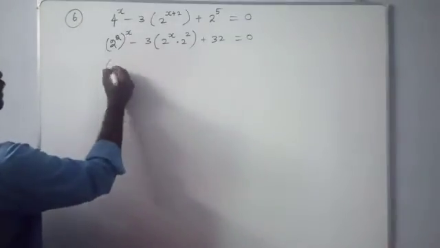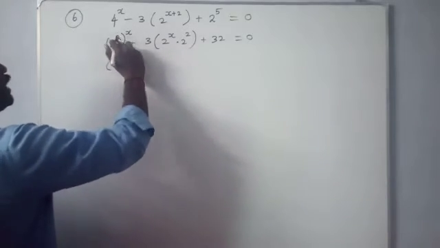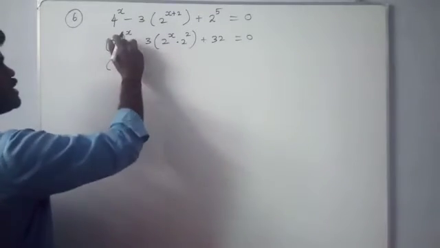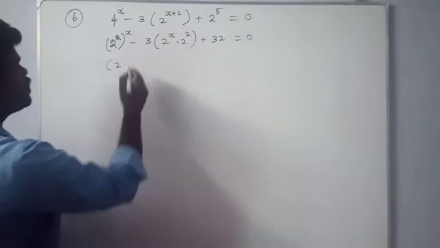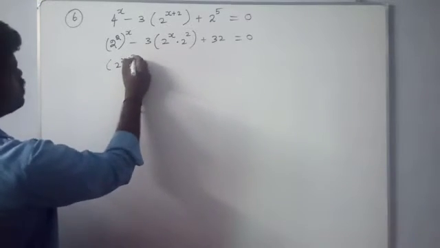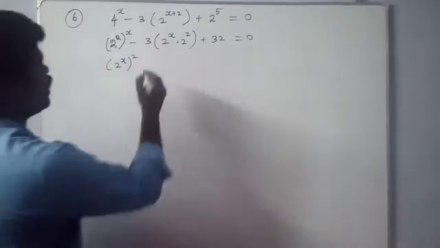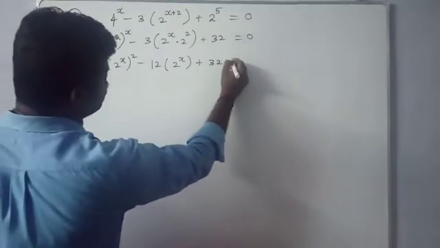And here we take 2 outside, x inside, because this is the multiplication factor. So 2 power x the whole square, and minus 2 power 2 means 4, 4 into 3, 12 into 2 power x, so plus 32 equal to 0.